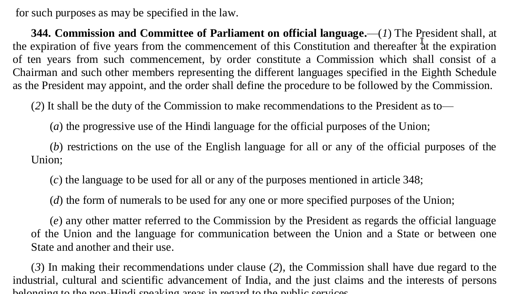The President shall, at the expiration of 5 years from the commencement of this Constitution, and thereafter at the expiration of 10 years from such commencement, by order constitute a Commission which shall consist of a Chairman and such other members representing the different languages specified in the Eighth Schedule as the President may appoint, and the order shall define the procedure to be followed by the Commission.